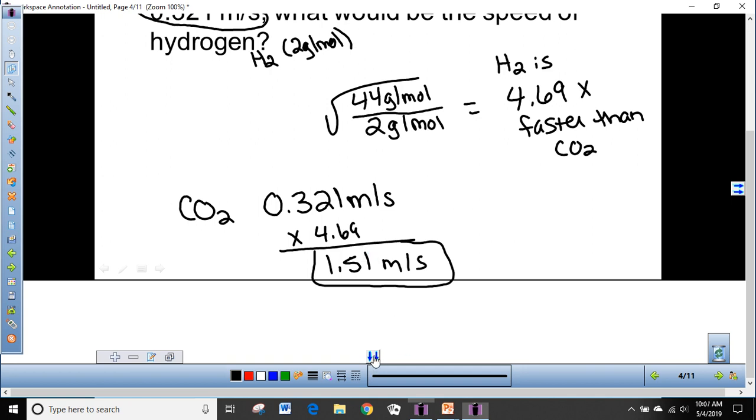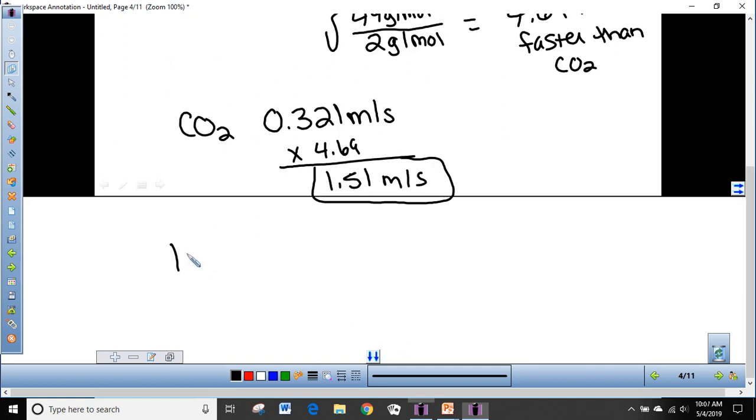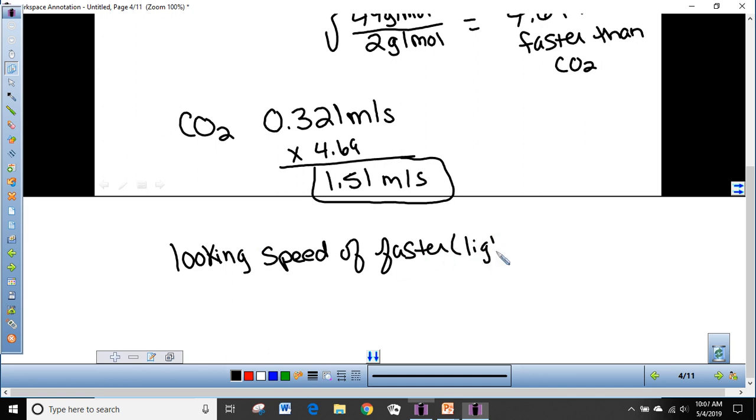So if I'm looking for the speed of the faster gas, faster would mean it's the lighter one. So looking for the speed of the faster, lighter gas, I'm going to take the meters per second that's given, the meters per second of the slower gas.